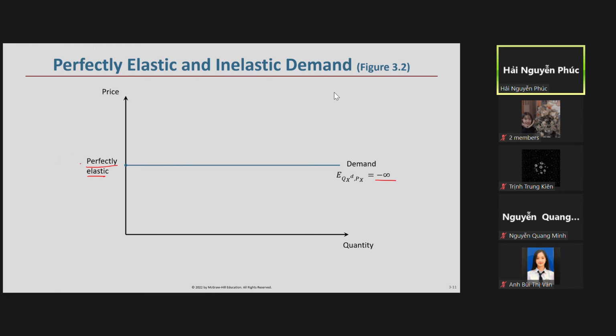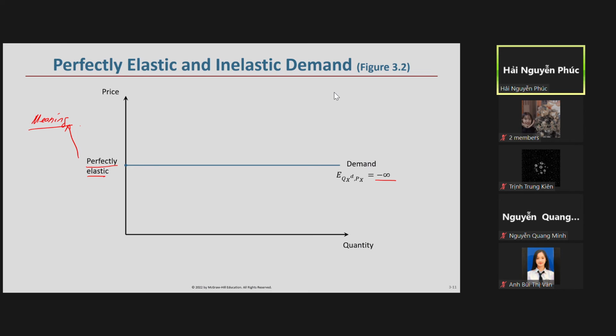What is the meaning of perfectly elastic demand? It tells us that if the firms change the price, the demand will change indefinitely.